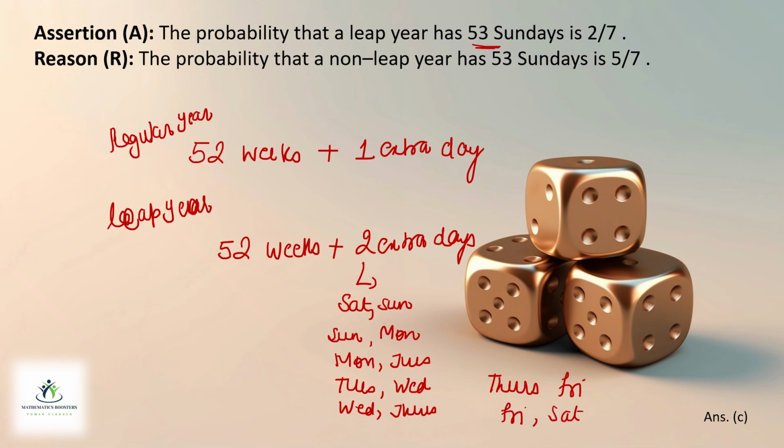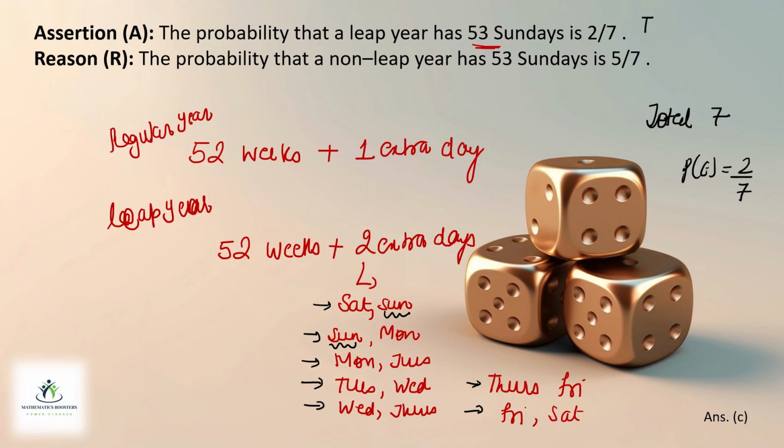So how many possibilities we have here? 1, 2, 3, 4, 5, 6, 7. Total is 7. And for Sundays, this is one of the possibilities and this is. So favorable is 2. So probability will be 2 by 7.